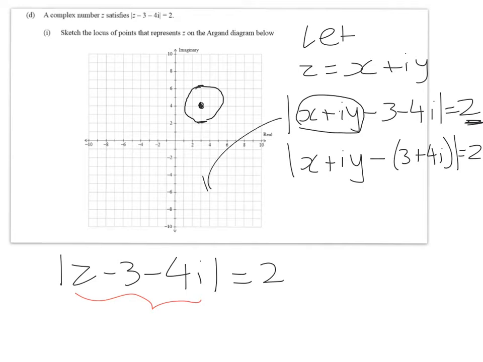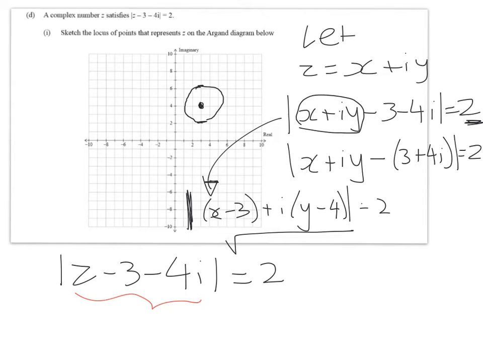So if you're doing a harder locus problem, what you want to do is to separate the real and the imaginary bits inside the modulus sign. So we're going to get x minus 3 plus i times y minus 4 is equal to 2. So now what I want to do is Pythagoras on both sides. So x minus 3 squared plus y minus 4 squared is equal to 2.